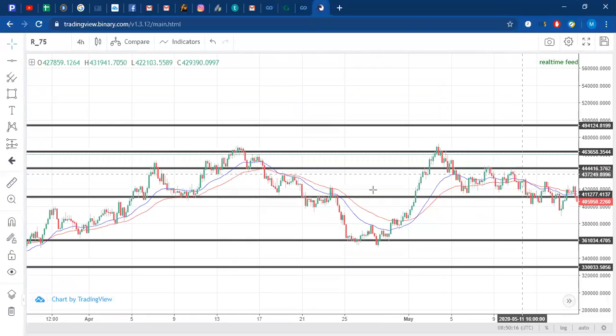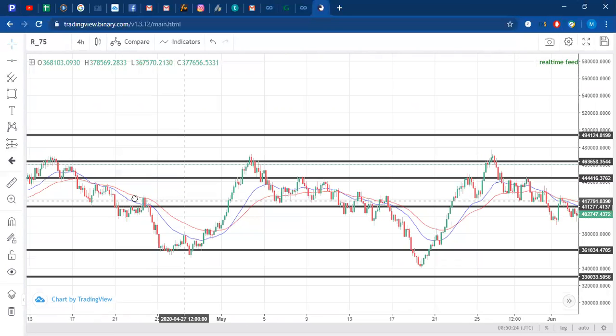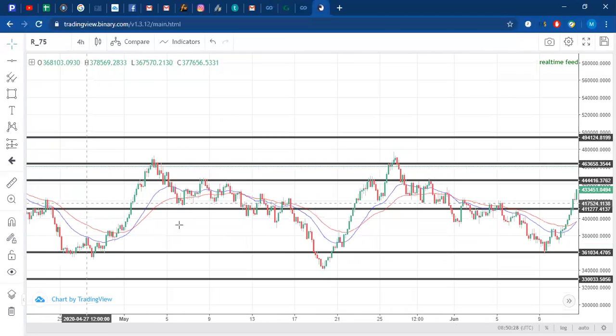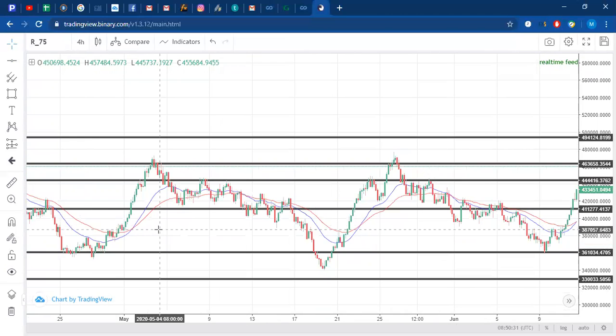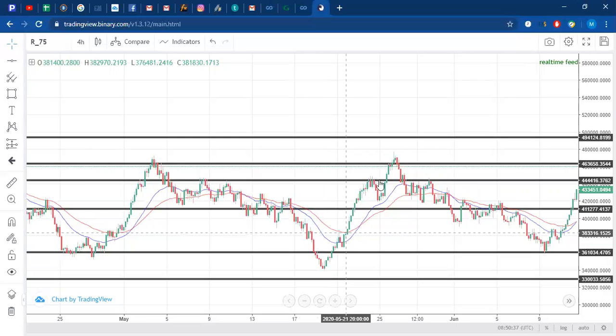So it's always trending, and this market is very respectful when it comes to support and resistance. If you know this support and resistance strategy, man, it works. And one thing I've learned about this Volatility 75 Index, if it is in an uptrend, it moves super fast compared to a downtrend.